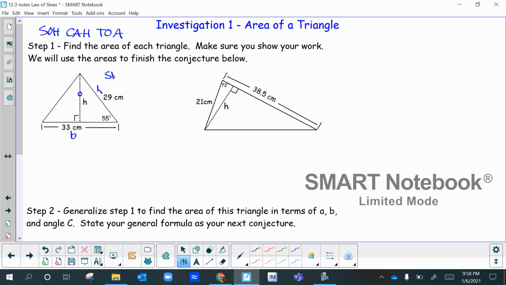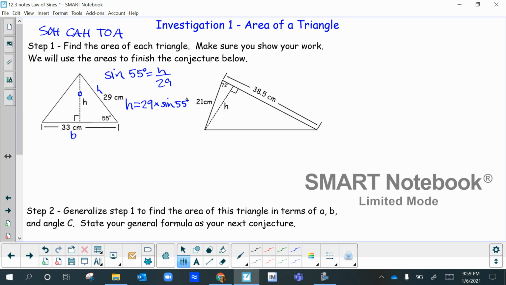So I'm going to write sine of 55 degrees equals H over 29. When the variable's on top, I multiply. So H is going to equal 29 times sine of 55.